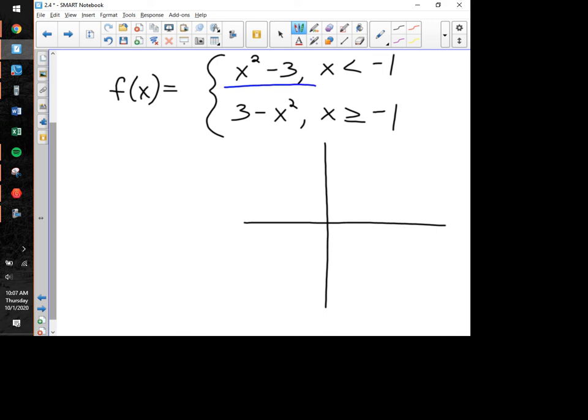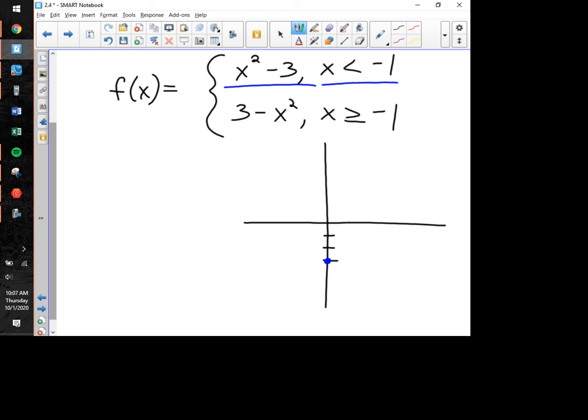It's x squared minus 3. I know what that graph looks like. It's a parabola that opens upward with a y-intercept of negative 3. So I'll go down here to negative 3. I'll put my dot right here at 0, negative 3. And now when I go to graph it, I'm going to pay attention to the domain. This is only true for when x is less than negative 1.